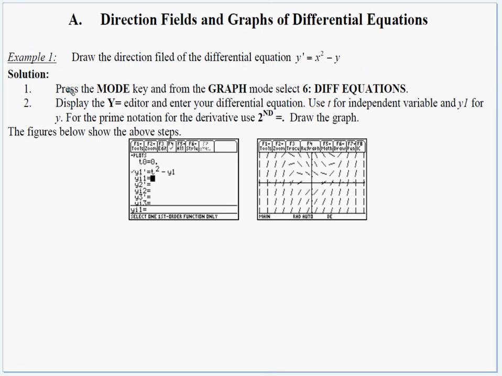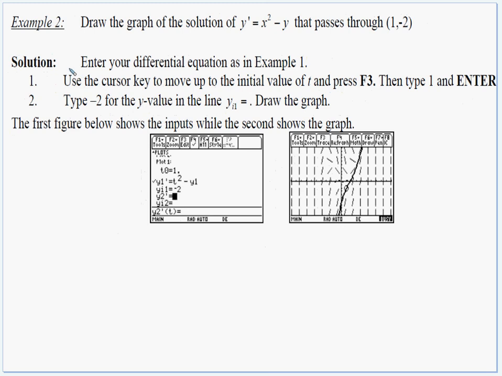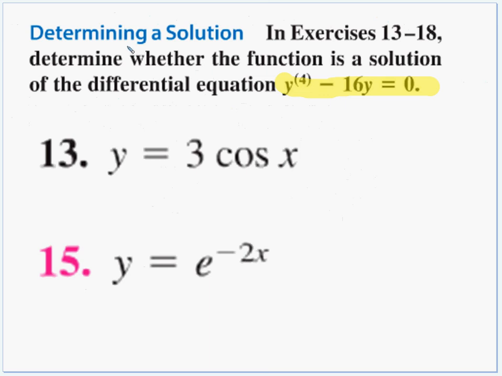So if you just follow along the directions exactly as you read them, you will create a slope field. And then it will go back to the directions. It'll give you how to put in an initial condition, and then the graph will plot that point. And then it's real neat to see it slowly draw the function going through your slope field. So if you don't have a TI-89 at home, that's something we'll do in class.